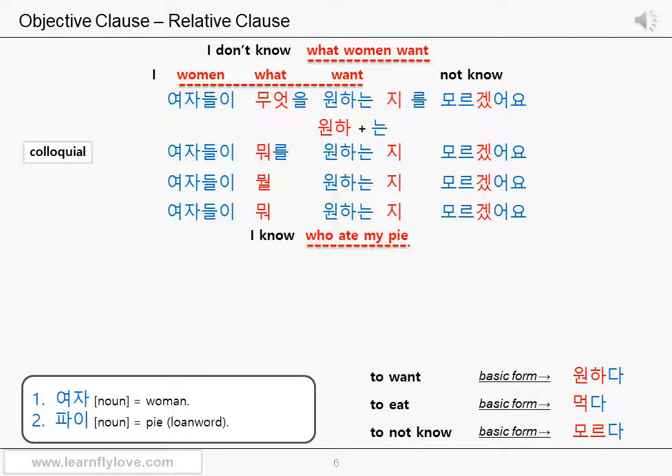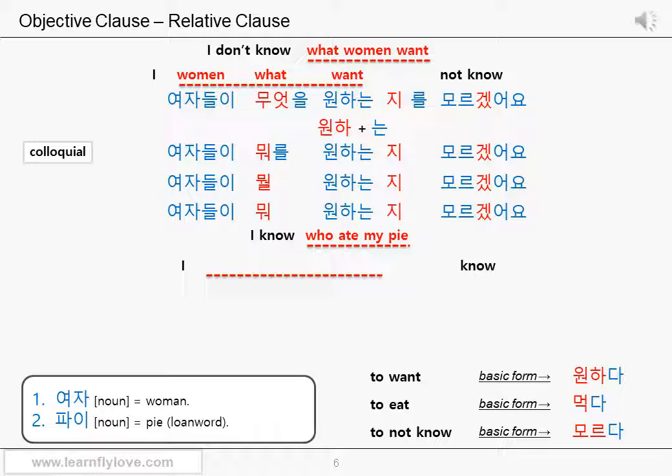Okay, let's see the next sentence. I know who ate my pie. We used who as a subject of the clause, and the entire who ate my pie part is an object of the main verb know. Let's rearrange the words. You know the position of the main subject and verb. The entire clause comes right before the verb because it's used as an object of the main verb know.